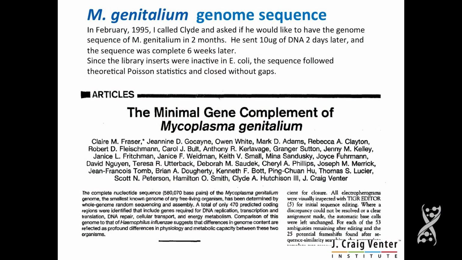So a couple of days later, he sent 10 micrograms of DNA, and we prepared the libraries, and in fact, since it was so small, it closed off theoretically without any gaps, and we had the sequence in 6 weeks. So that was the first two bacterial genomes, and this was the publication. They both came out about the same time.